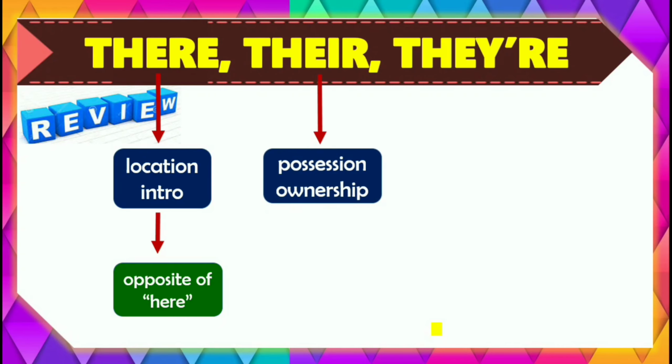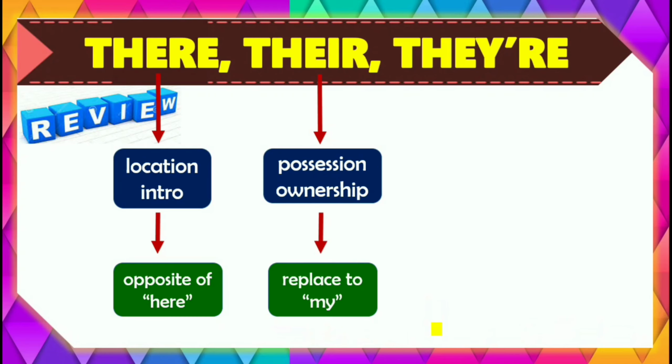For their, T-H-E-I-R, it's the possession. It means ownership, something that does not belong to you, but belongs to them. And what's our tip? You just have to replace their with "my". And if it sounds right, then that's the correct answer.